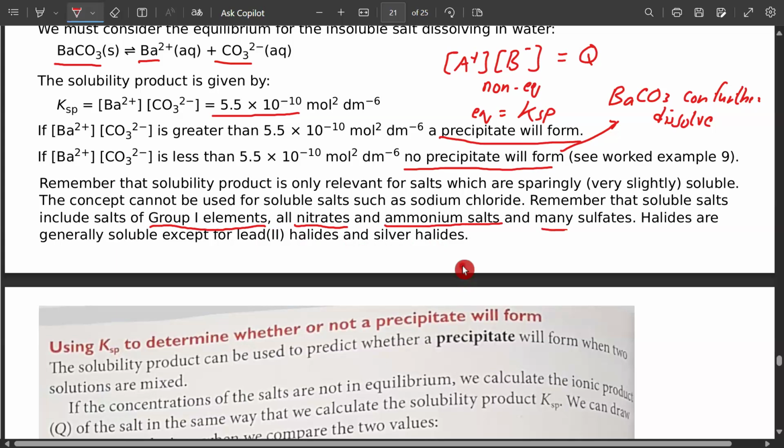Most sulfates are soluble as well, and among the halides, only these two examples are insoluble. The rest are all soluble. We have taken these values from O level and A level, AS. This whole information is coming from both the levels, AS and O level.